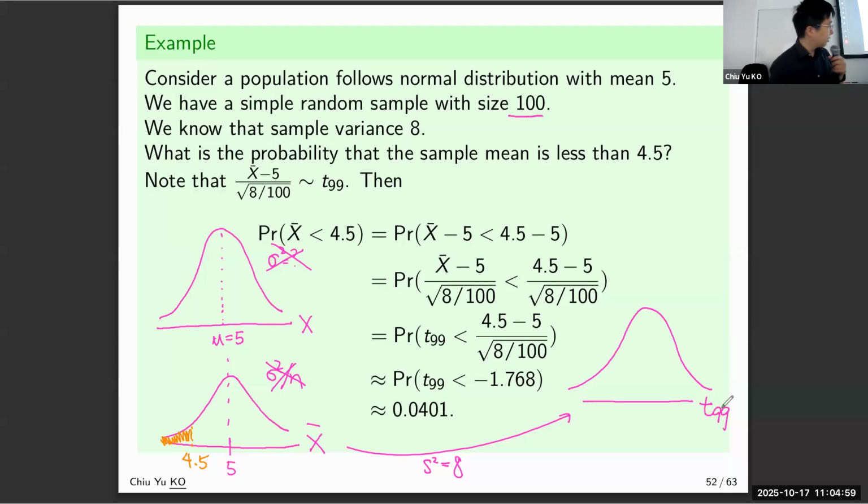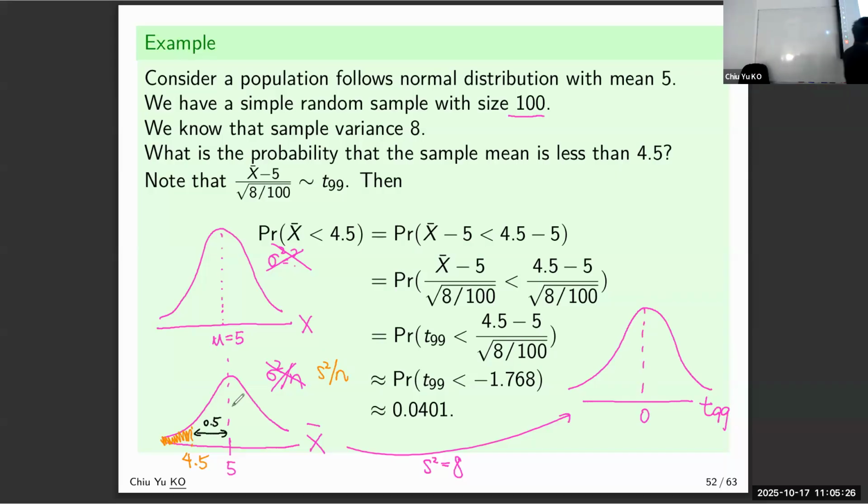This is 0. So what we're going to do is, since you don't know sigma squared, you replace it by S squared over n. And look at this distance. This distance is 0.5, right?